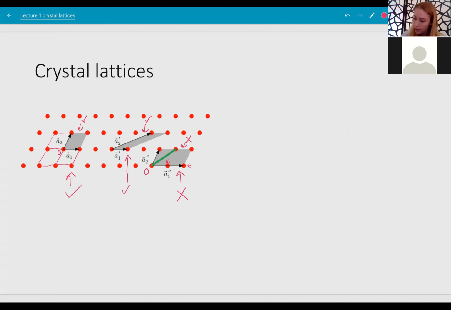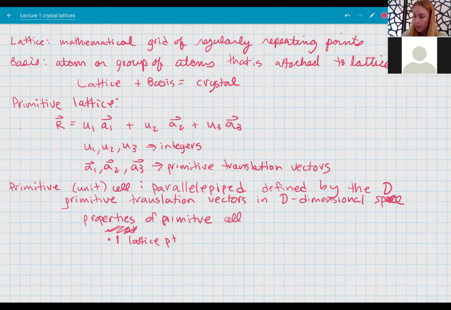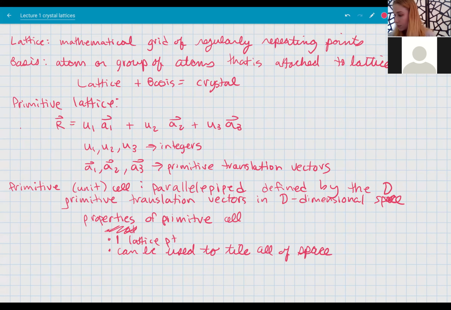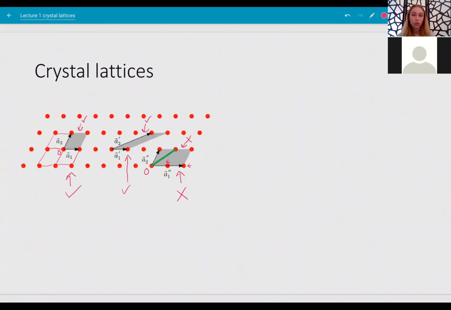The second property is that it can be used to tile all of space. Okay, so you can see that these parallelograms can be used to tile all of space, both this one and the other one that comprise primitive cells.